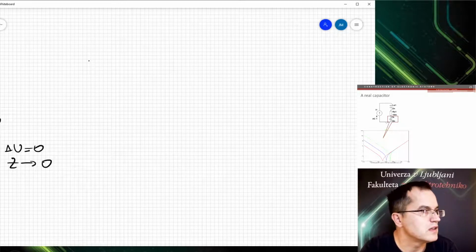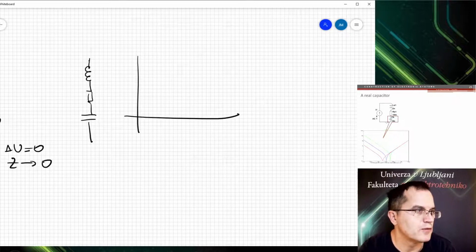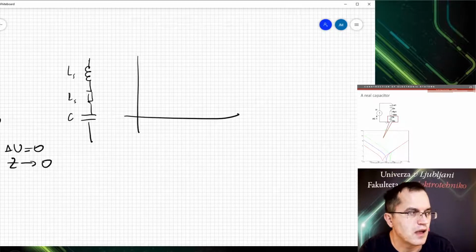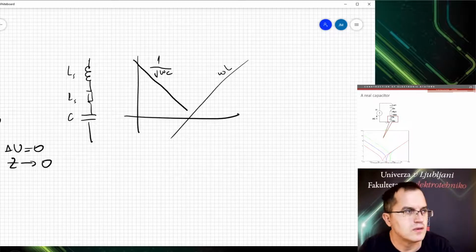And at low frequencies, it has high impedance, because the capacitor is 1 over j omega C. It has high impedance and it decreases. This is 1 over j omega C. And then at a certain frequency, the coil starts to prevail. So this is the omega L. So here is the resonance.